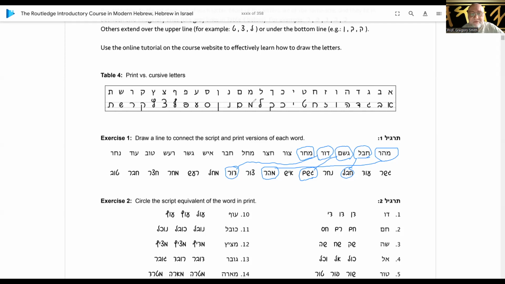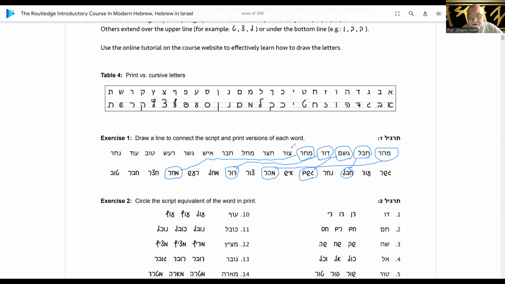We got to find one that looks like a straight N. So I bet you it's this one here, not that one. It's this one right here. Mahar. Okay, so it looks like an English N, but it's actually in cursive, it's Hebrew mem. There's the het and the resh. So this one connects here.